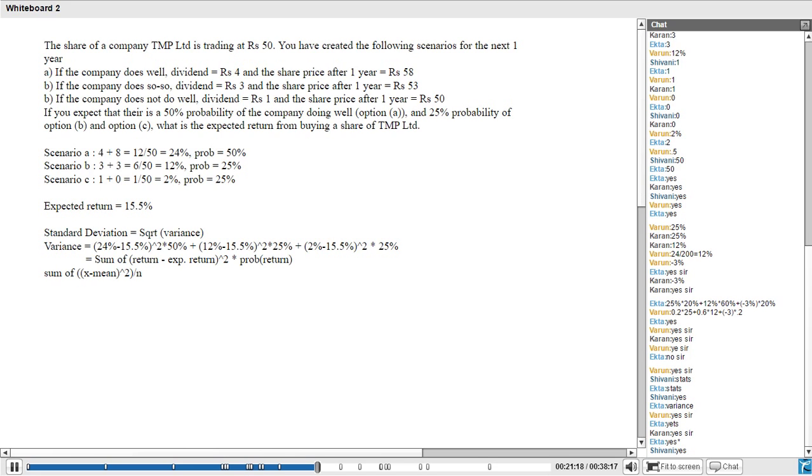Instead of dividing by n, in this case we have taken their probabilities, because when we used that formula, we had assumed that all the events occur equally probably. So in this case, we are calculating the variance in this way. This is the variance of the returns, and when we solve it, let me see, what does this come out to be?